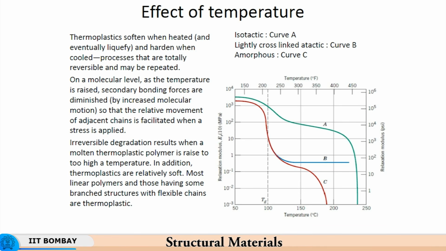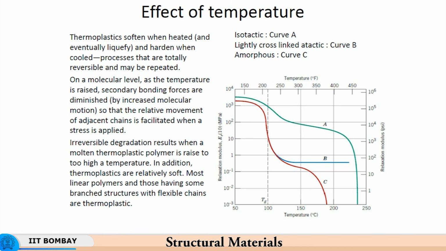However, irreversible degradation results when a molten thermoplastic polymer is raised to too high a temperature, and that is because the backbone bonds which define the chain, the covalent bonds, tend to break at too high a temperature.